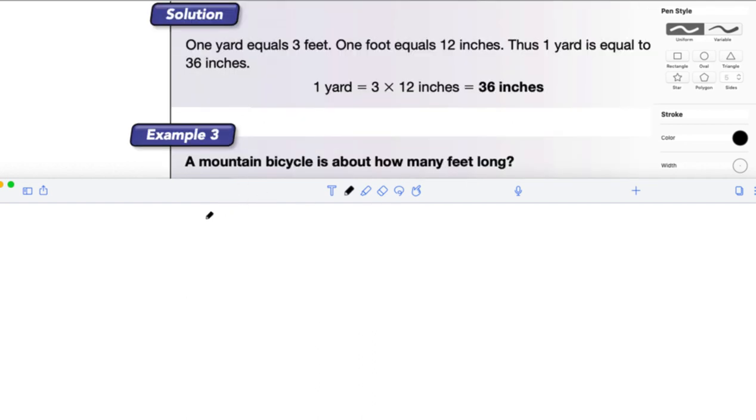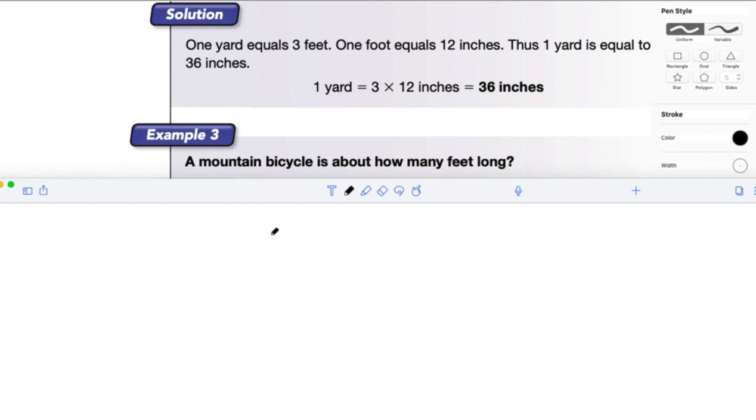This next example is asking us to do something that we're not always used to doing in math, where we kind of are guesstimating, estimating, using the smartest way of thinking approach. A mountain bicycle is about how many feet long? So now you got to think about a mountain bike, and you got to think about what you've seen and how you would estimate its length.